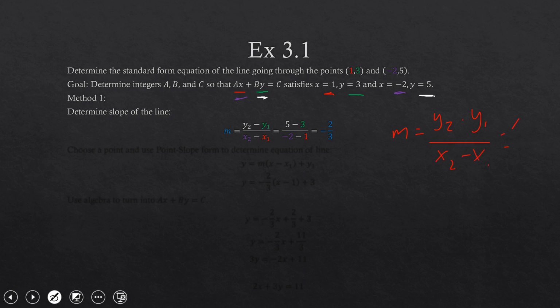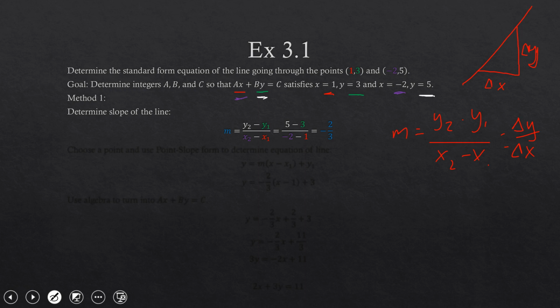This is also known as the change in y over the change in x. How much up we go when we go some unit across, right? So here's our line, and here's delta x, and here's delta y, the change in y.